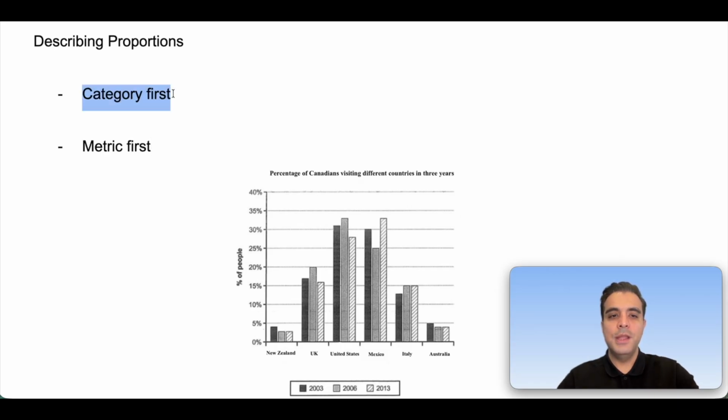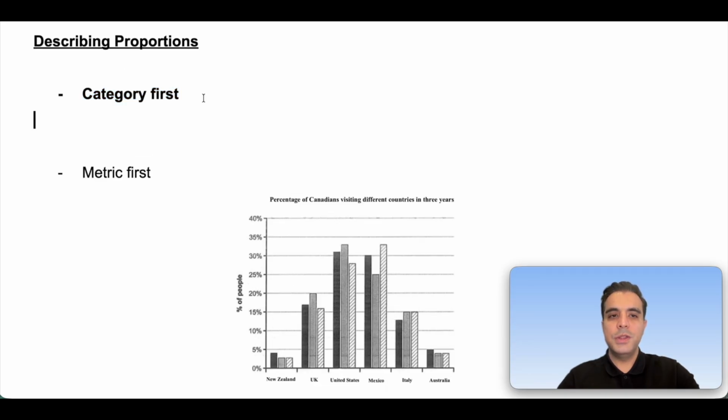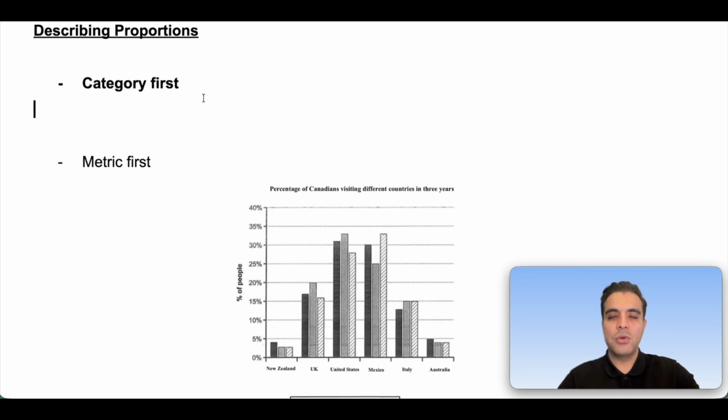Let's start with the category first structure. Here's what the structure looks like for describing proportions using the category first format. So as the name suggests, we begin with the category, and then we follow it up with a verb phrase.